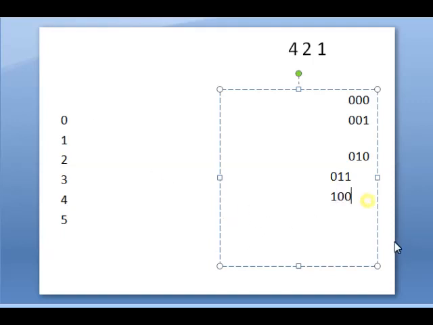How will you write? 5 means 4 plus 1 is 5. So in the 4's place we will write 1, in the 2's place we write 0, and in the 1's place 1. That is 1 0 1, because 4 plus 1 is 5.